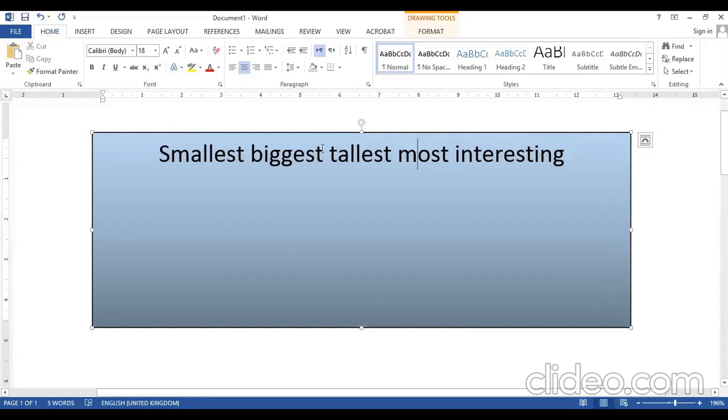Notice the EST at the end of these adjectives, which we call the superlative adjectives. Here in the first three, we have the three letters EST, but in the last one, we have the word most, which comes before the adjective to form a superlative adjective.